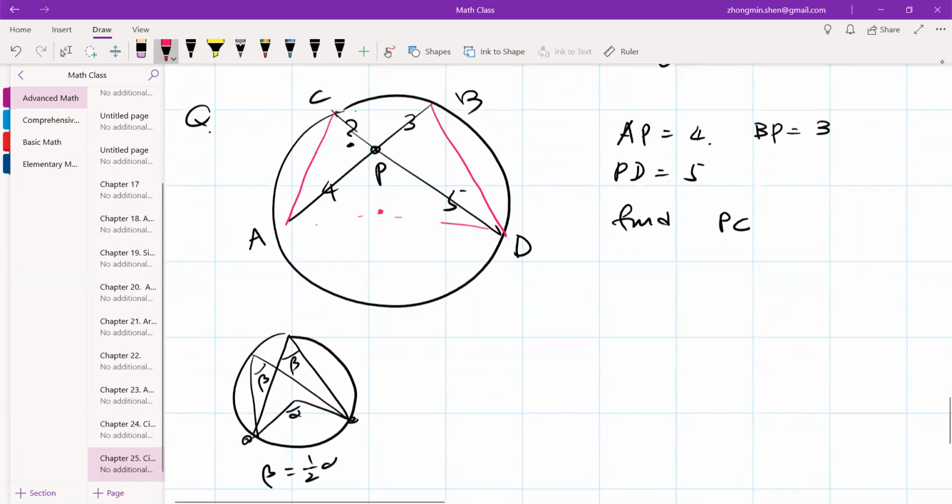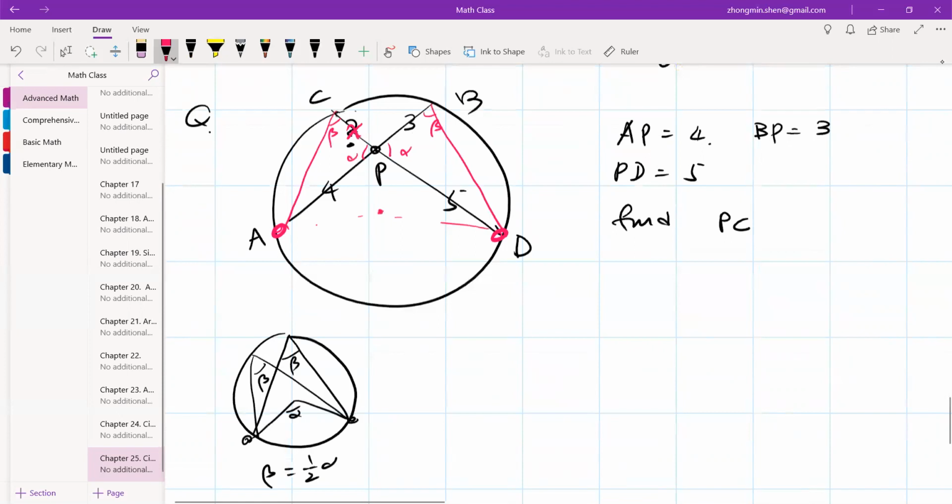So this side I call X. I find the two similar triangles. Let's mark it. This is alpha, that will be alpha. But A and D are fixed, so if this is a beta, that angle must be beta.